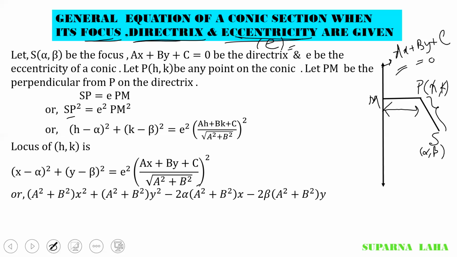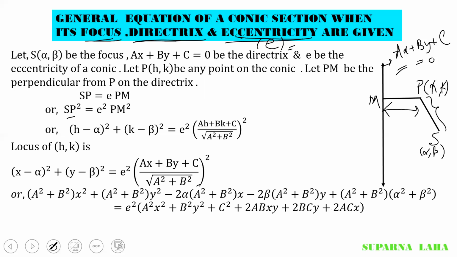So we will find this equation, which equals e squared times (a squared x squared plus b squared y squared plus c squared plus 2abxy plus 2bcy plus 2acx).